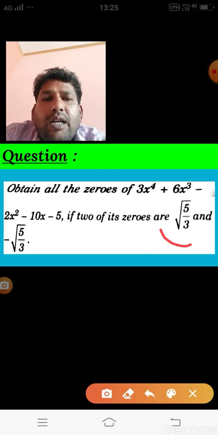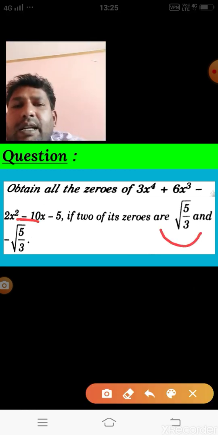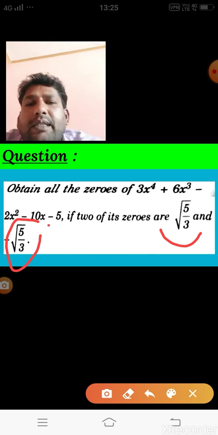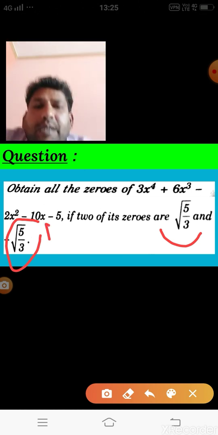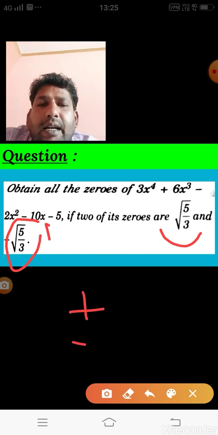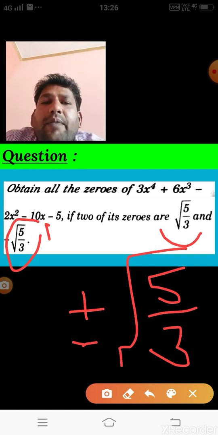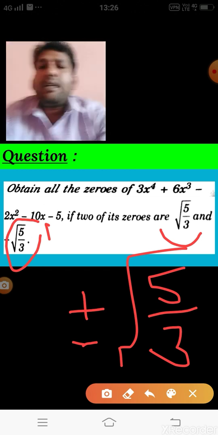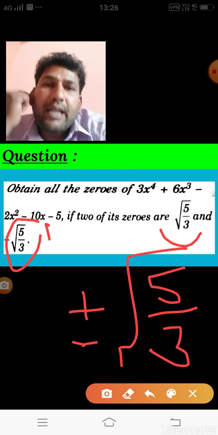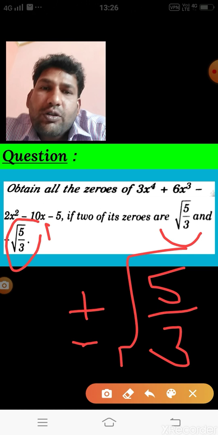One zero is root 5 by 3 and the other one is minus root 5 by 3, that is, plus minus root 5 by 3. These two zeros of this polynomial are given, and we have to find the rest of the zeros. By observing the degree, we see it has 4 zeros.